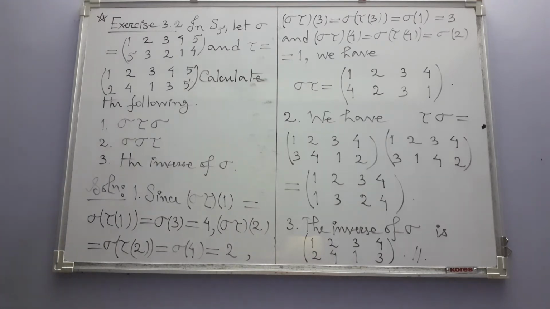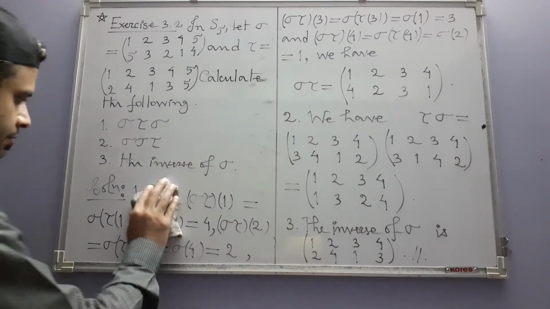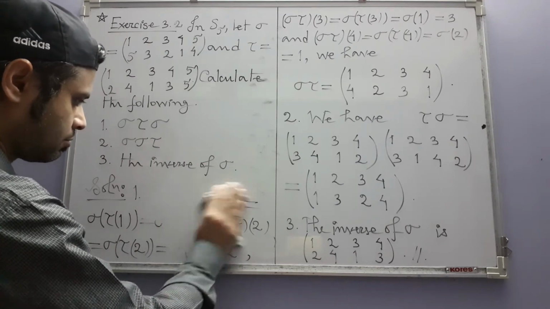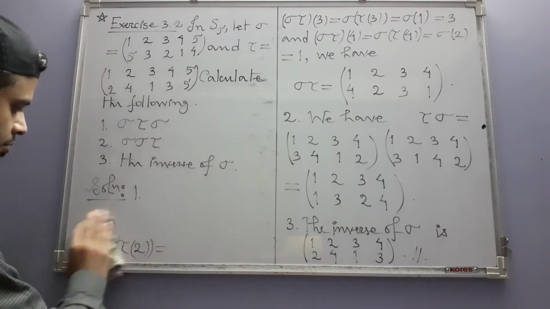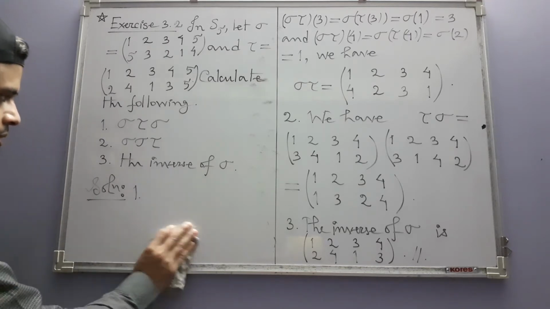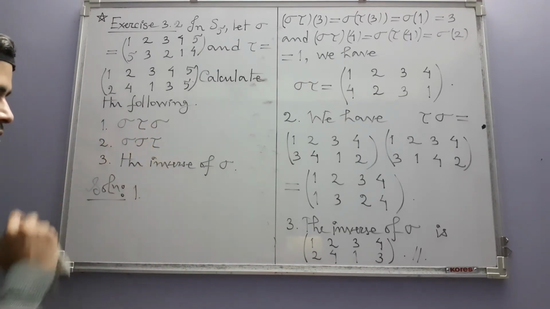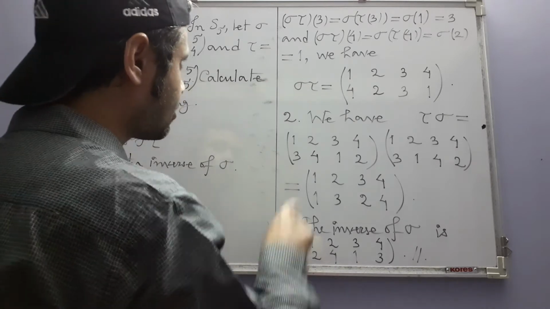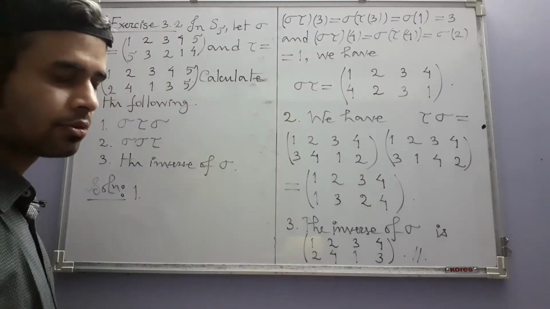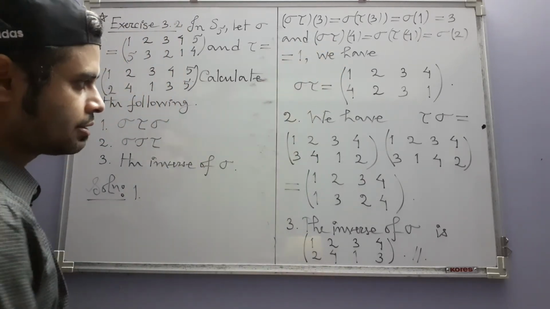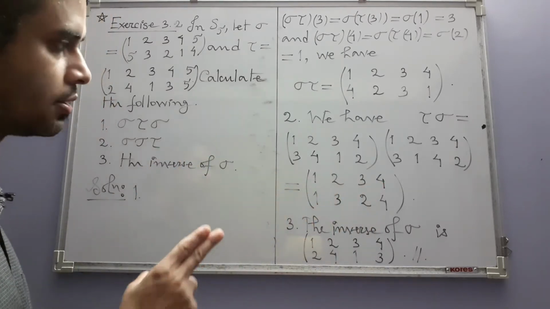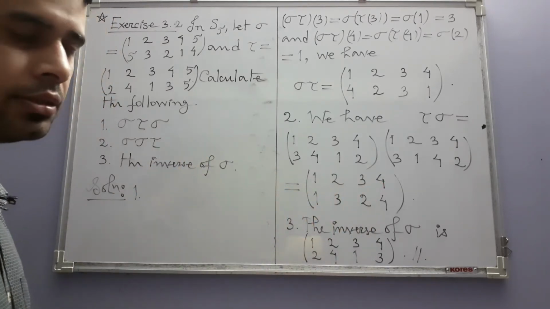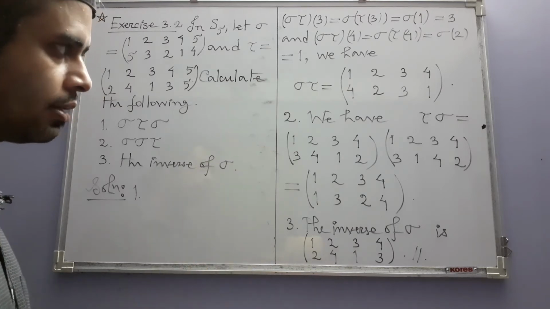So things will change here. Although we have 3 mappings in these first 2 products, we are not going to repeat this type of calculations, because you can see that whatever we did here with 2 permutations, we can easily do that with 3. We just have to write a little more.